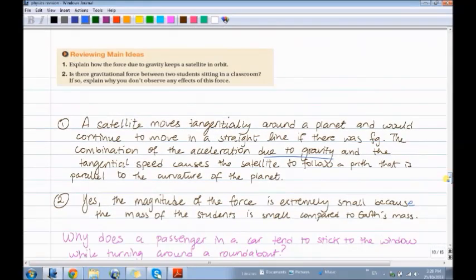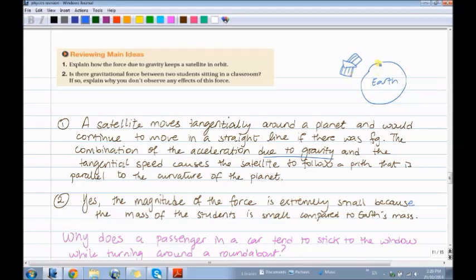Now, let's see some questions reviewing main ideas. First of all, explain how the force due to gravity keeps a satellite in orbit. So let's say this is the planet Earth, and then we have the satellite. Horrible drawing, I know.